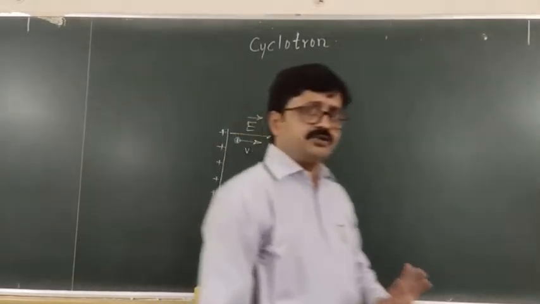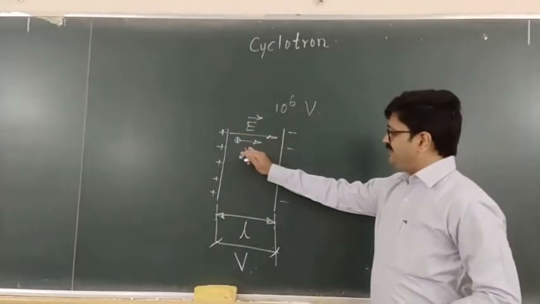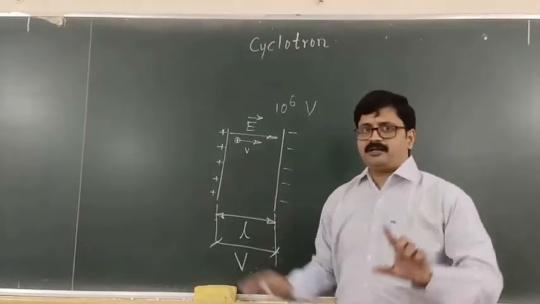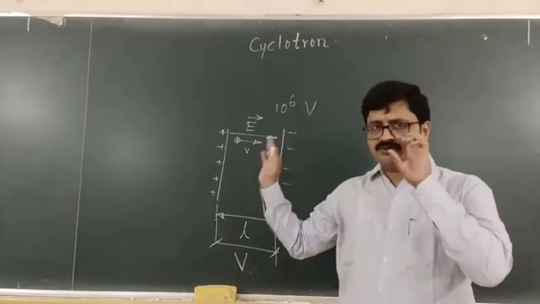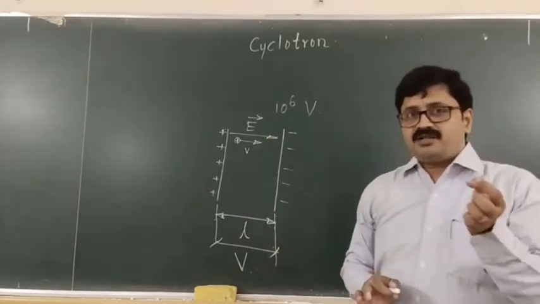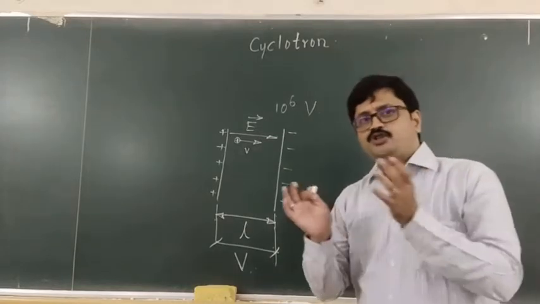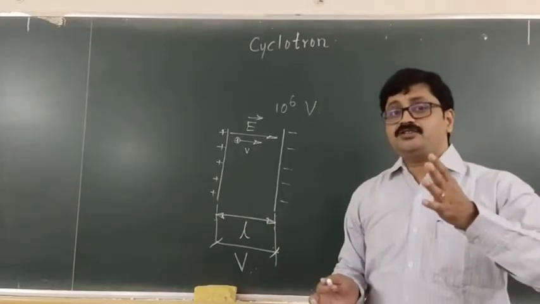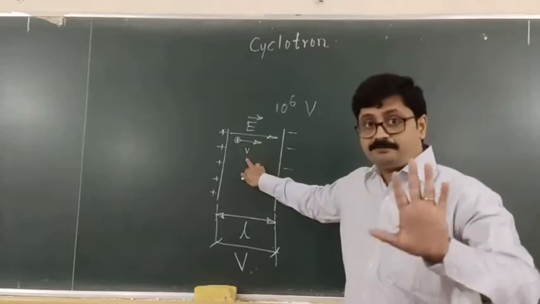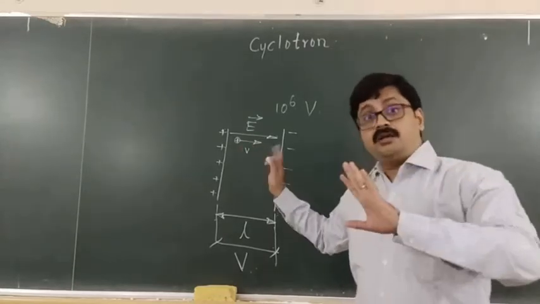Suppose I want to increase the speed of the particle, because in the beginning I told you that the positively charged particles must have large kinetic energy. Kinetic energy implies velocity or speed, so it should be large.